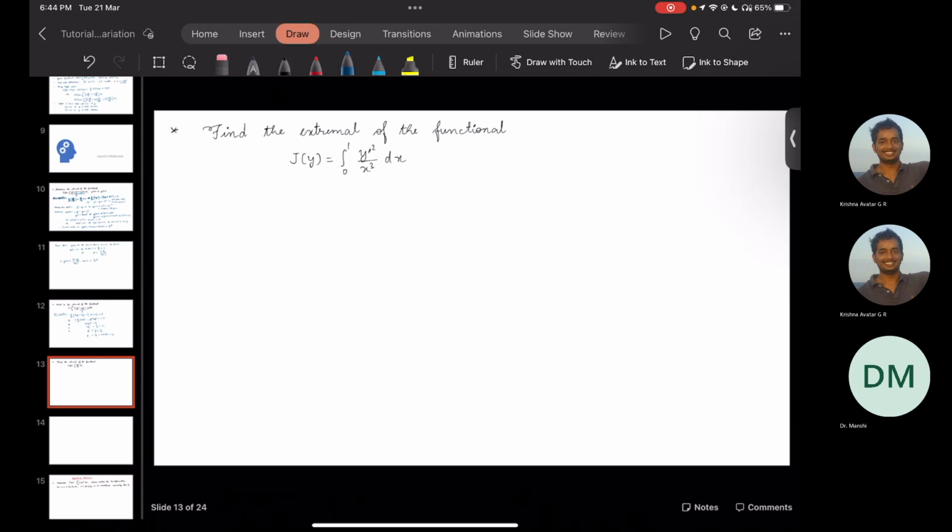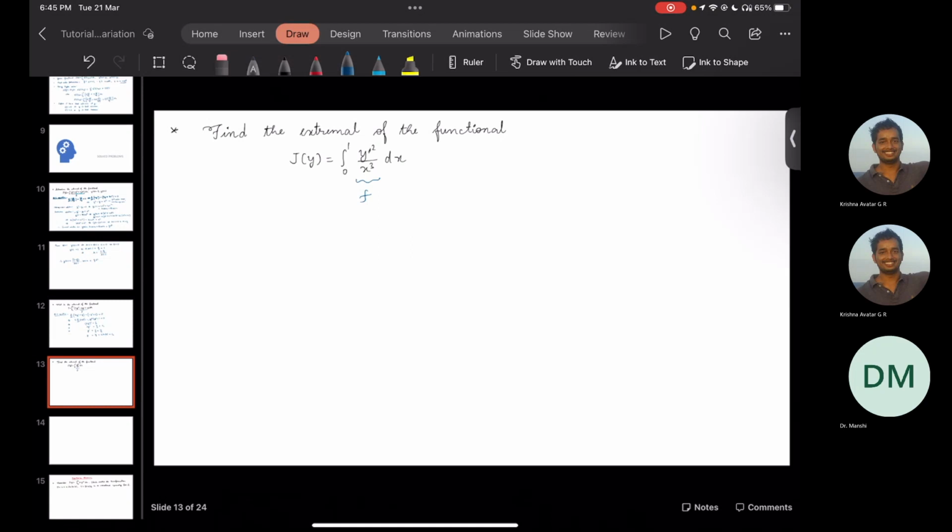Now let's solve the third problem. The third problem is to find the extremal of the function, the integral from 0 to, again a standard function. These are f, and when we take a clear look at f, what we see is that this integrand is independent of y.